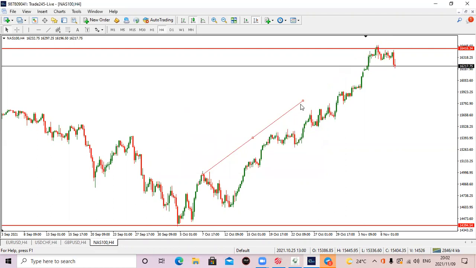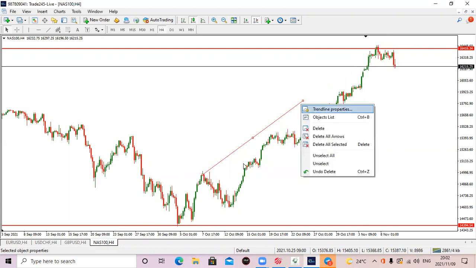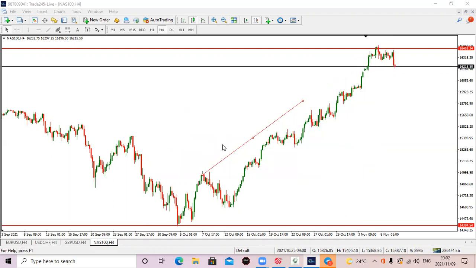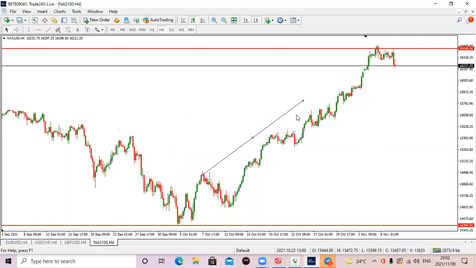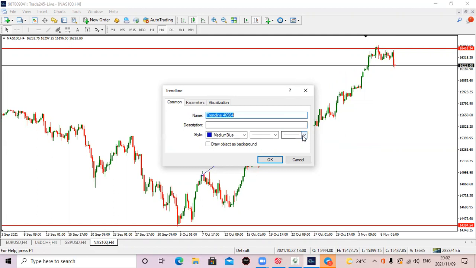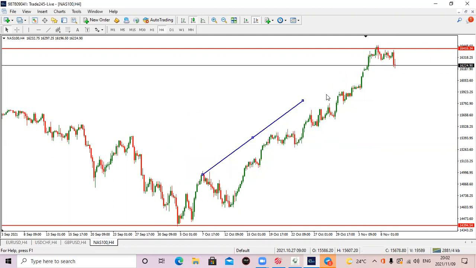Okay, I want to change the color for you to be able to see it.